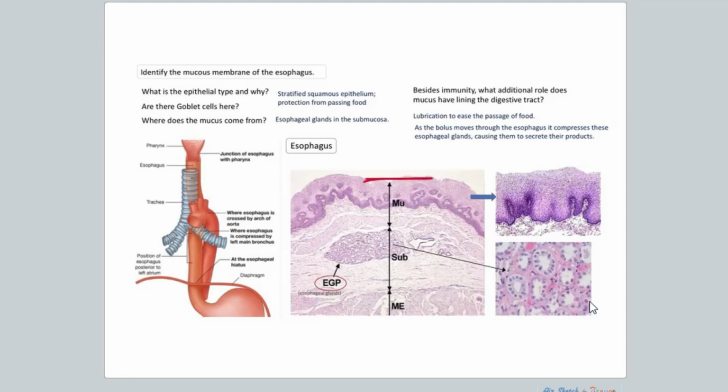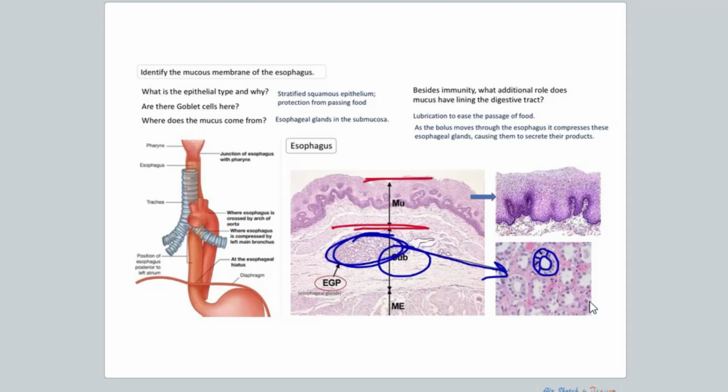So here's the mucosal layer, and down below that is what we call the submucosa, and you have specifically these submucosal glands. And that's what we're looking at here. So in the submucosa, the layer below the mucous membrane, we have these glands, and here's histology of them.